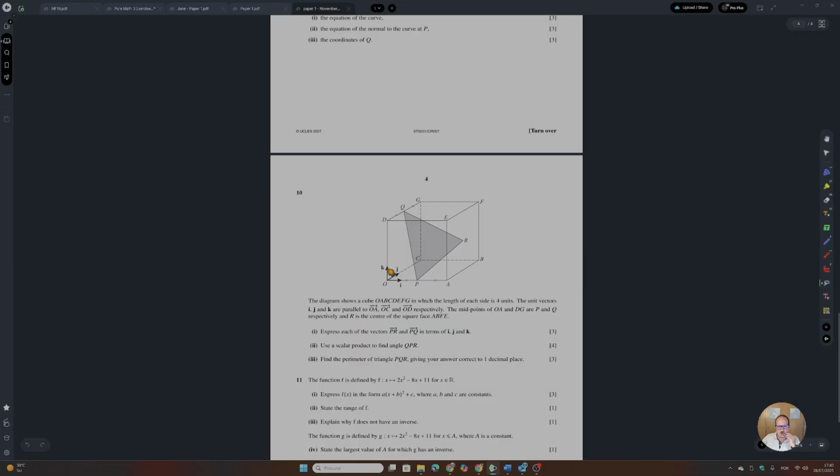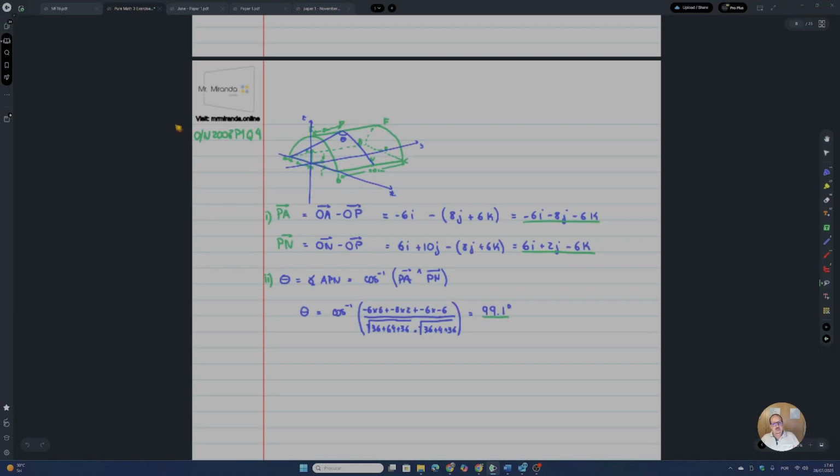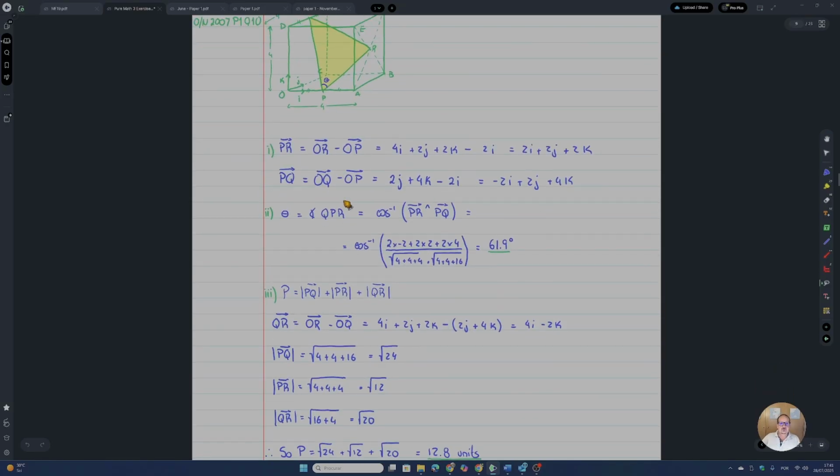The midpoints of OA and DG are P and Q, respectively, and R is the center of the square face ABFE. Express each of the vectors PR and PQ in terms of i, j and k, and then use a scalar product to find angle QPR. Okay, these questions are very typical.